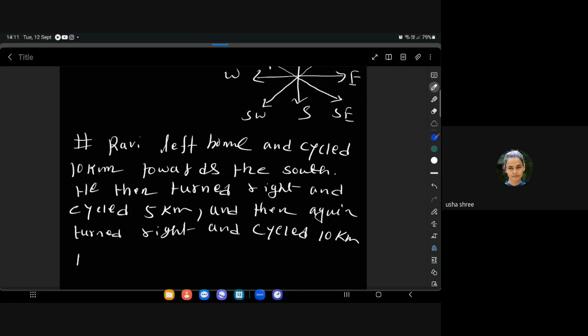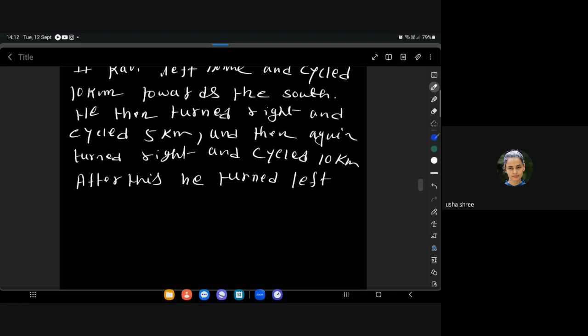After this, he turned left and cycled 10 kilometers.